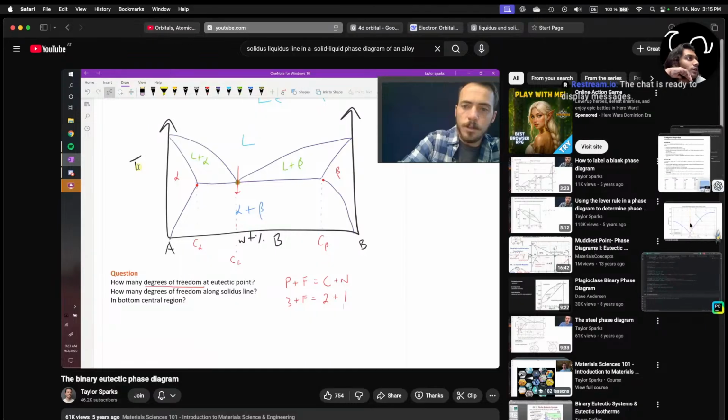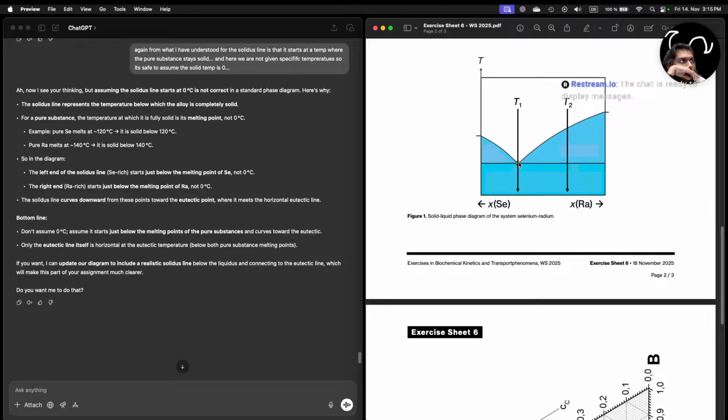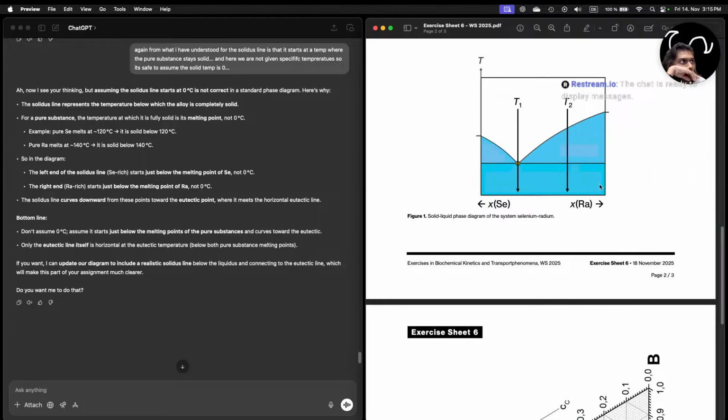Okay, it should be something like this. Between that point, solid selenium and solid radium exist. And here, both solid selenium and radium exist. And here it's only liquid.